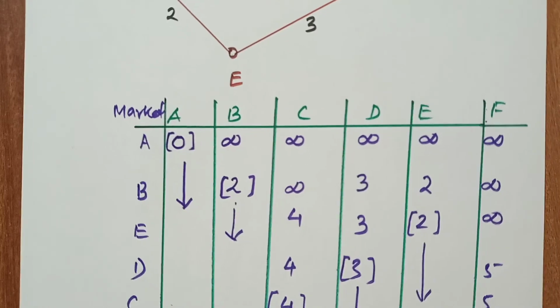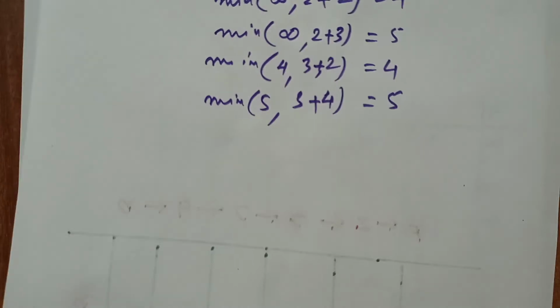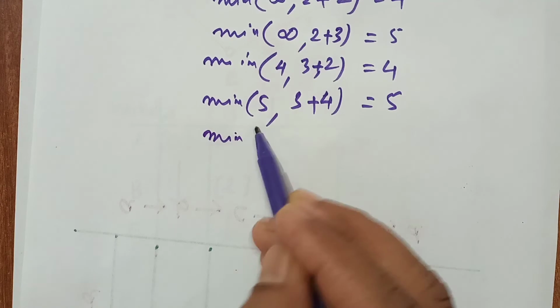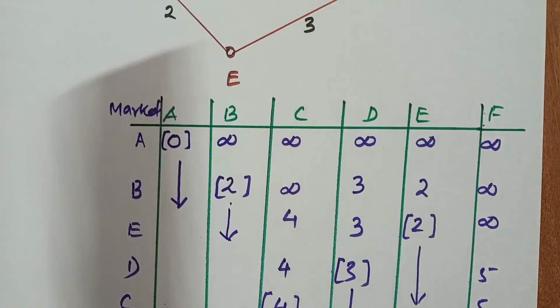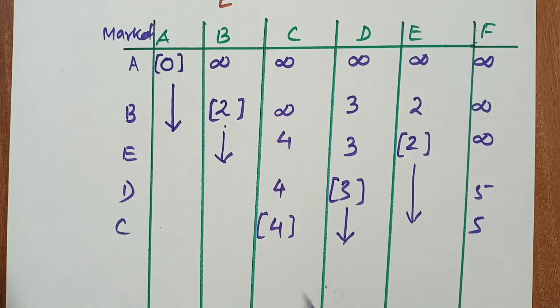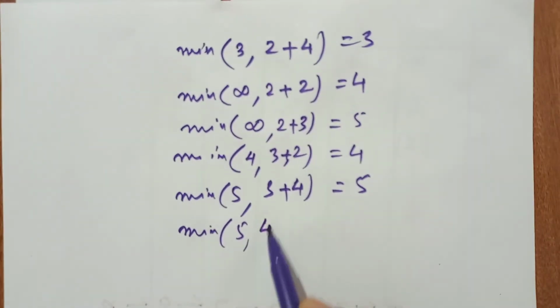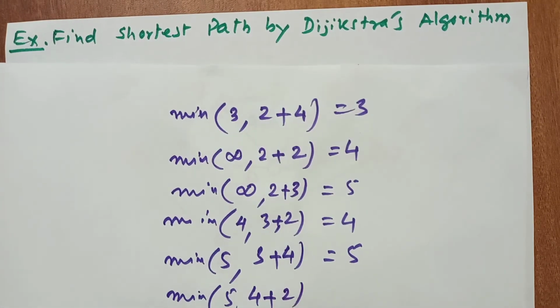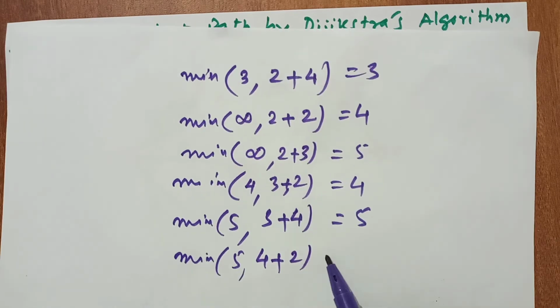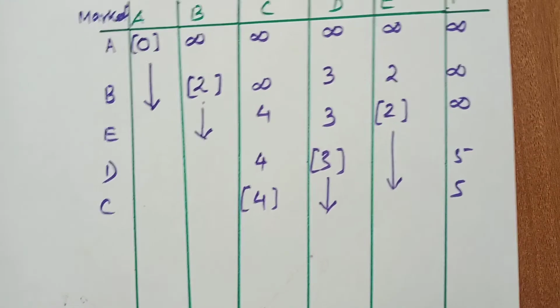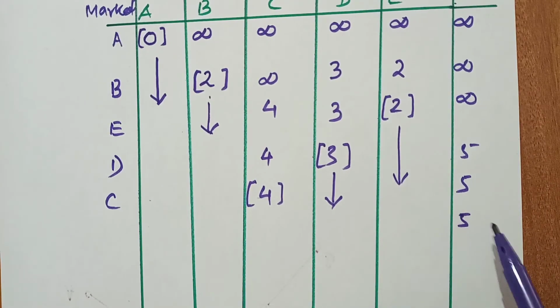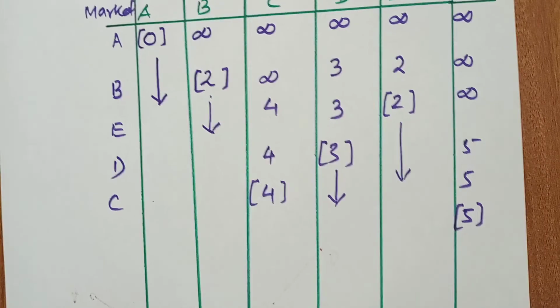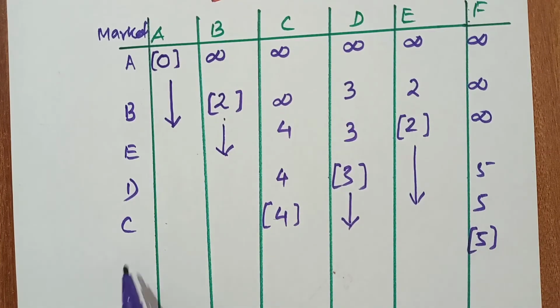So by the formula, the minimum of the old value, and the marked value is 4. So we write 4 plus the weight. The weight is 2. So 4 plus 2 is 6. 5 and 6, the minimum of 5 and 6 is 5. So this is the last value, and we will write 5 here, and this is the last. So you see here F.